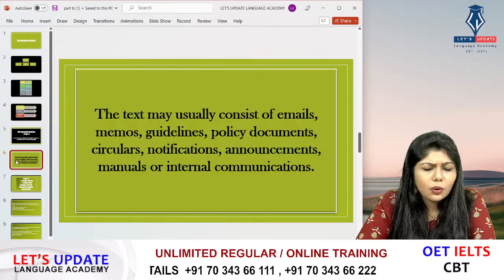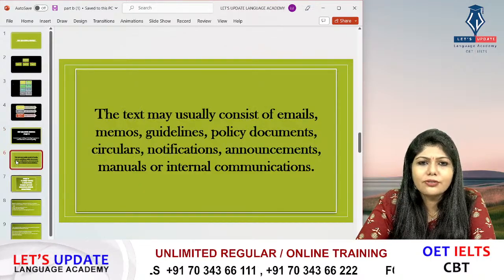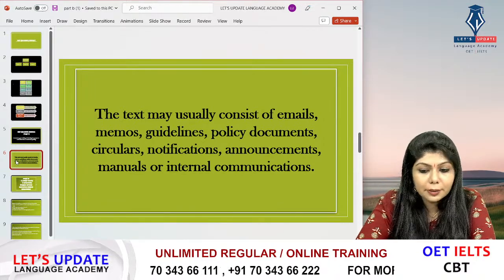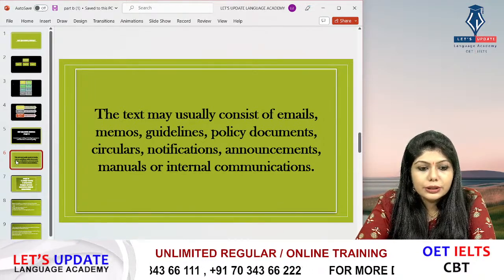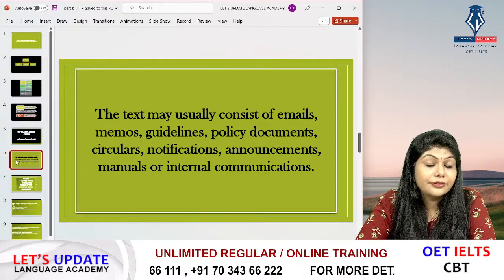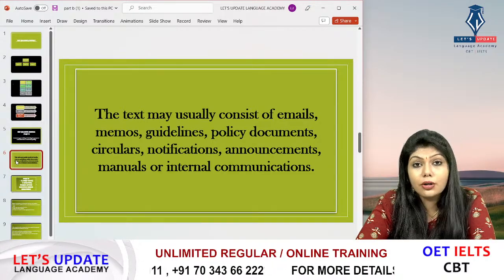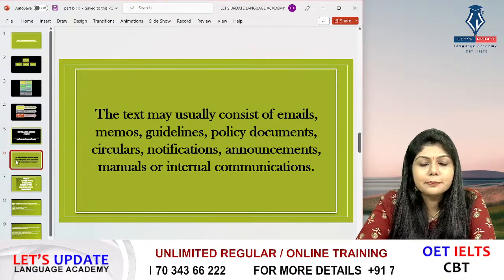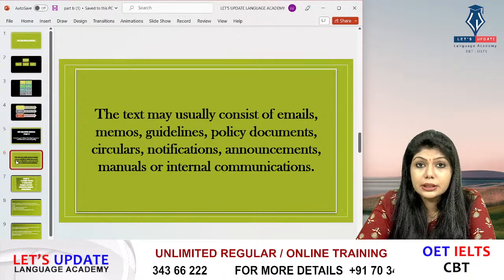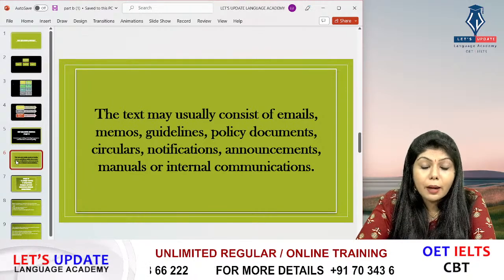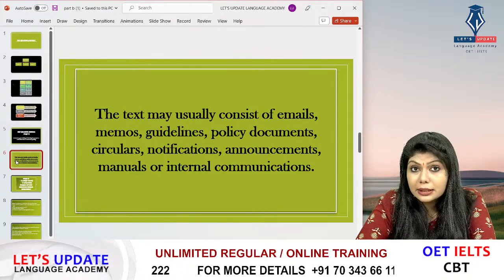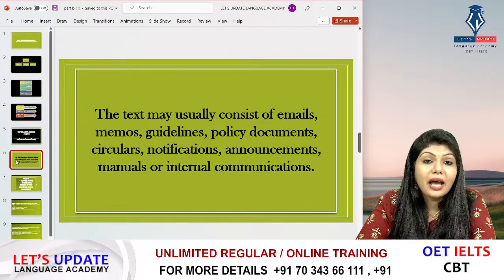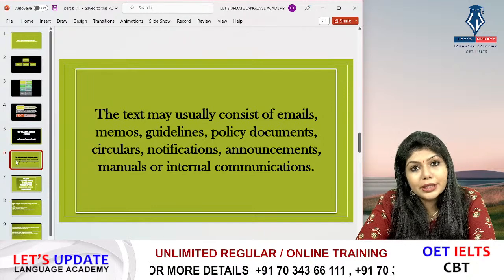What is the nature of information that will be included in part B? You can expect emails, memos, guidelines, policy documents, circulars, notifications, announcements, manuals, or internal communication.